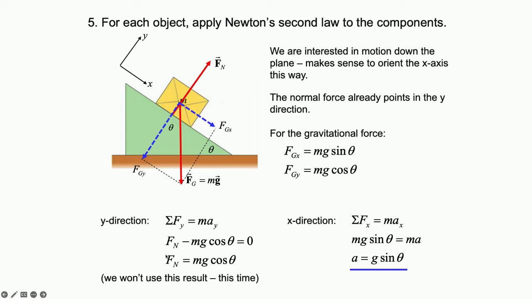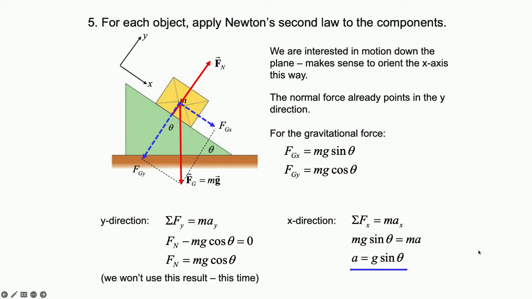So once we have that, we have an x direction which is similar, but we have acceleration, so we're using Newton's second law. With this one, we only have the weight force going down the axes or down the incline. So this one is mg sine theta because it's going in the positive x direction, equal to mass times acceleration.